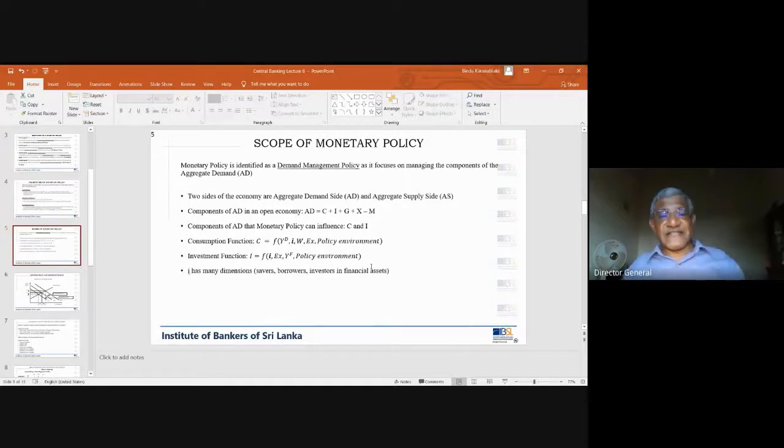Now, these days you can see a good example. These days, the central bank has cut its policy interest rates significantly. Now, the standing deposit rate is 4.5% and the lending rate is 5.5%. A few weeks back, they were 7.5% and 6.5%. Now they have been brought down to this.